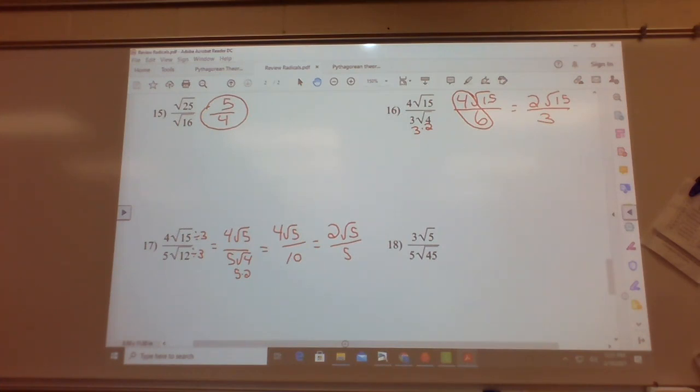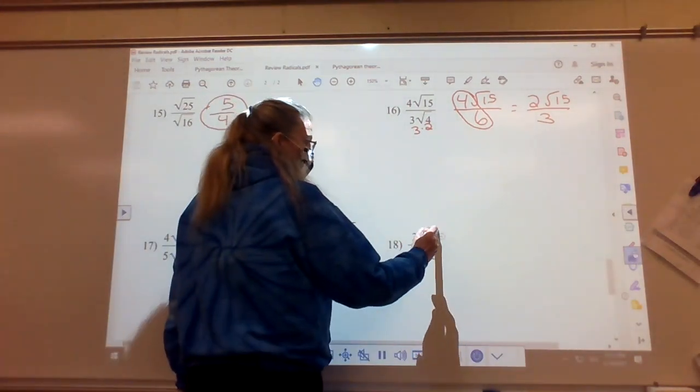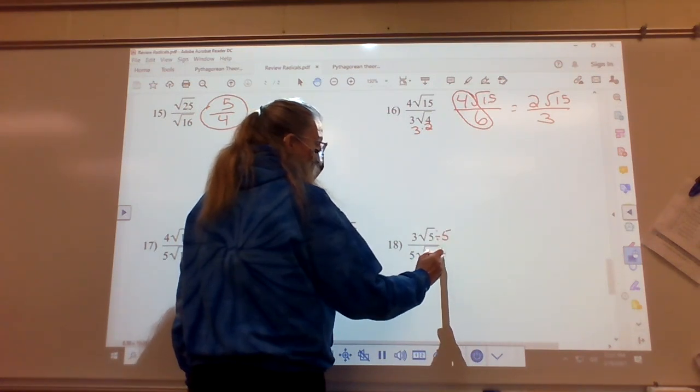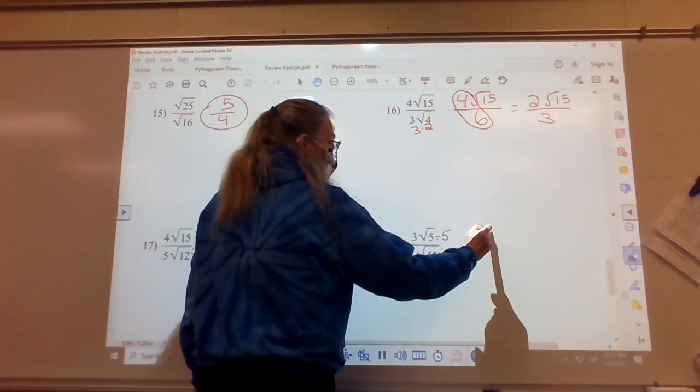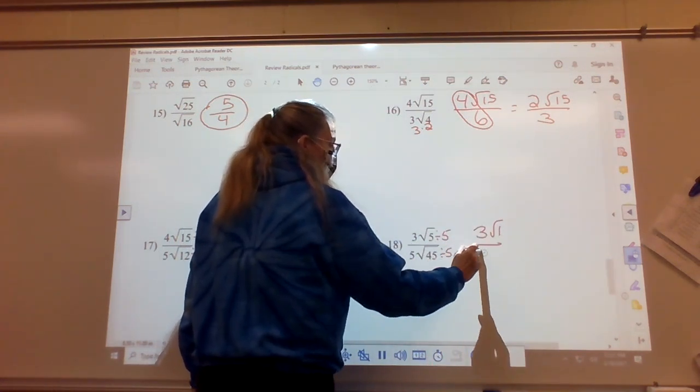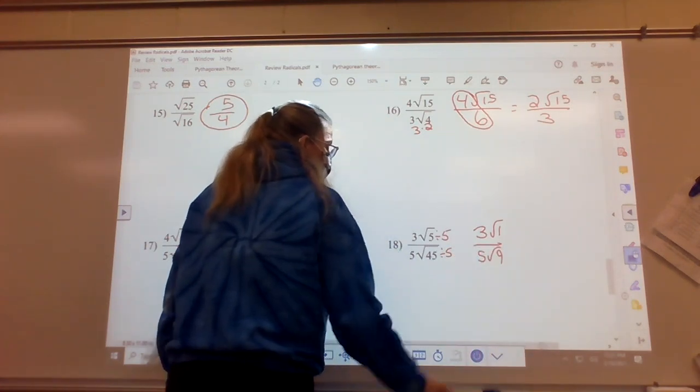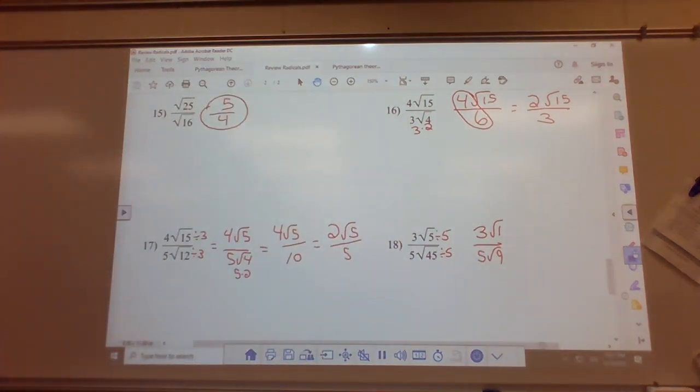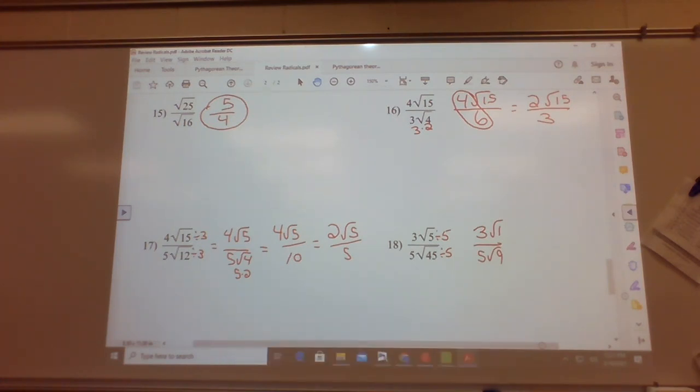Number 18. Is there anything that can come out of the 5 and the 45? 5. So take a 5 out. So 3 radical 1, 5 radical 9. 3 radical 1.